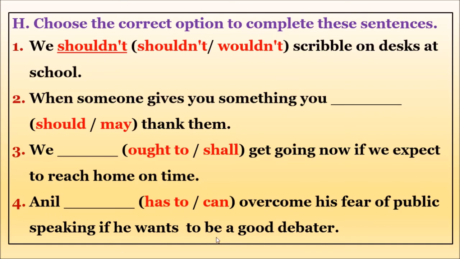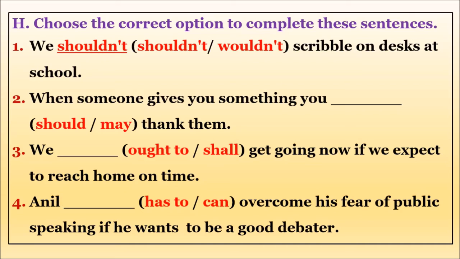Fourth one, Anil dash overcome his fear of public speaking if he wants to be a good debater. Here, children, we are not judging Anil's ability about his fear of public speaking. Here we are trying to give a suggestion. We are expressing an expectation.